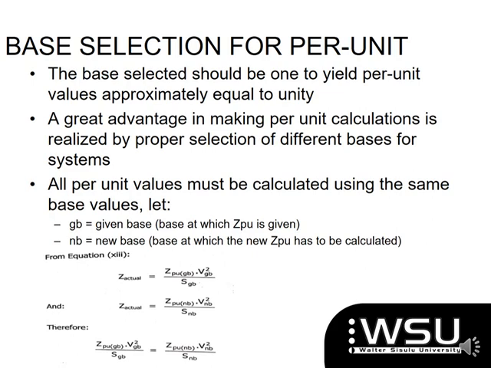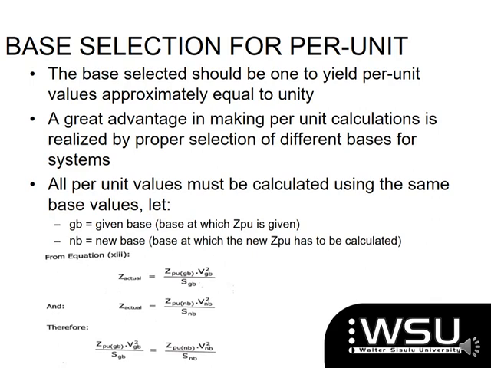If I don't give you a base value to work with, especially on your power, because this is where it mostly gets affected, then if you have a generator that is, let's say, 50 MVA, a transformer that is, let's say, 30 MVA, and a motor that is 25 MVA, of those three you must take the largest one.